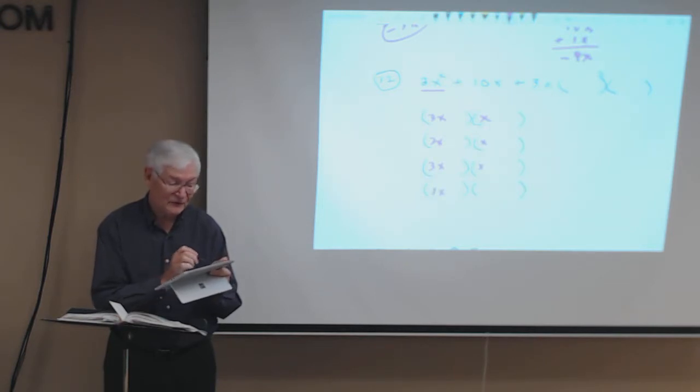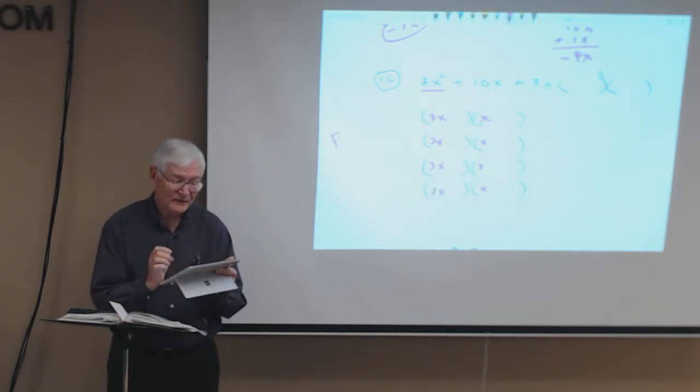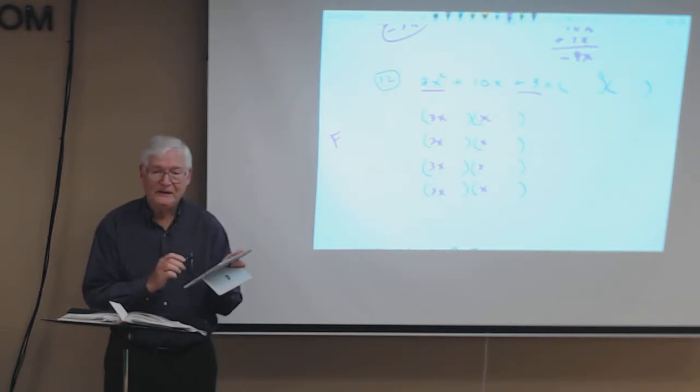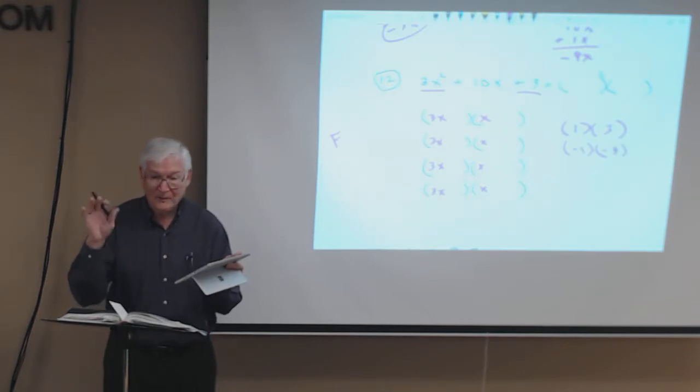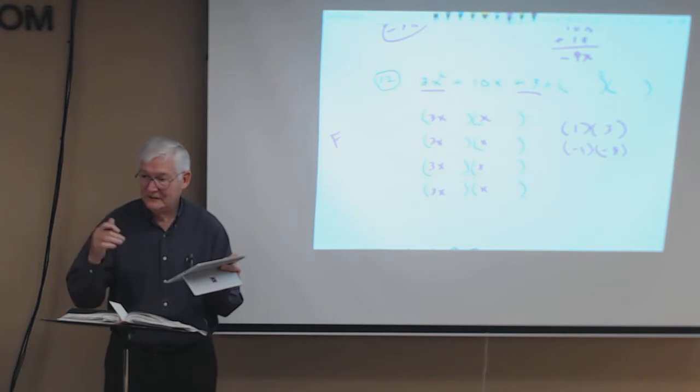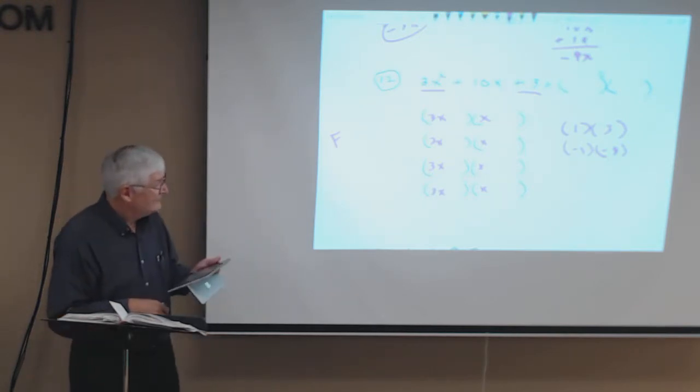The first times the first gives me the first term. How do I get 3? How many ways can I get 3 multiplying? 1 and 3, or what else? Negative 1 and negative 3. Remember to think of all the possibilities. That's pretty much it, isn't it? Everybody see that?